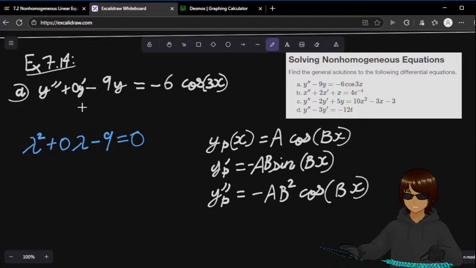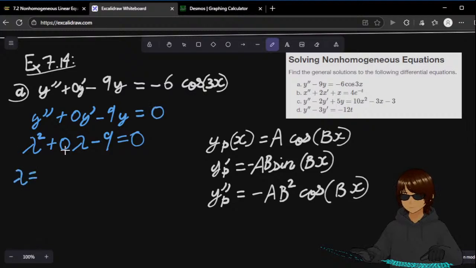The complementary equation is, and then we have 0 squared minus 4 times a times c, over 2, plus and minus 6.